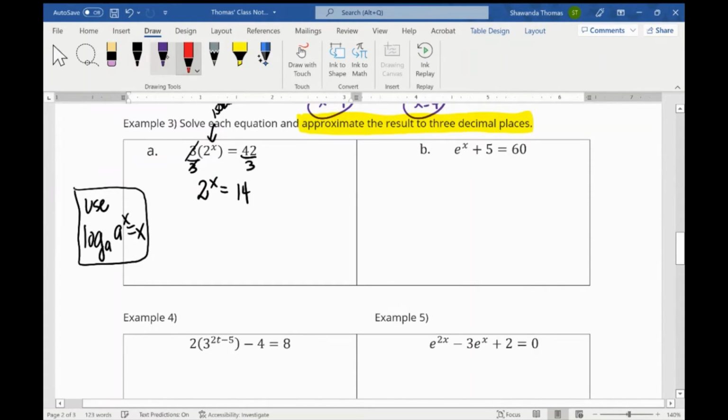So as long as these two things are the same, then it cancels out. So I'm going to write log base 2 of 2 to the x. And whatever we do on one side, we got to do on the right side too, or else we're not balancing our equation. We can't do something on one side of the equation and not do the same thing to the other side.